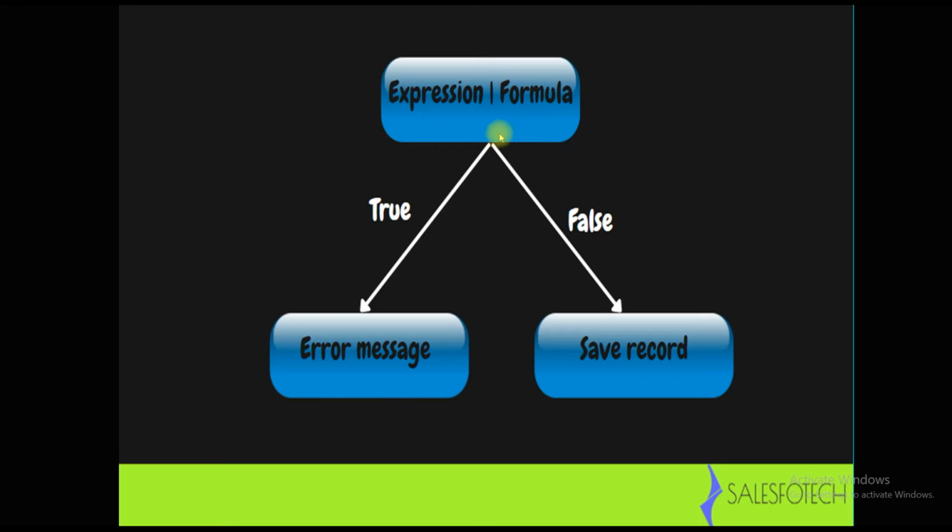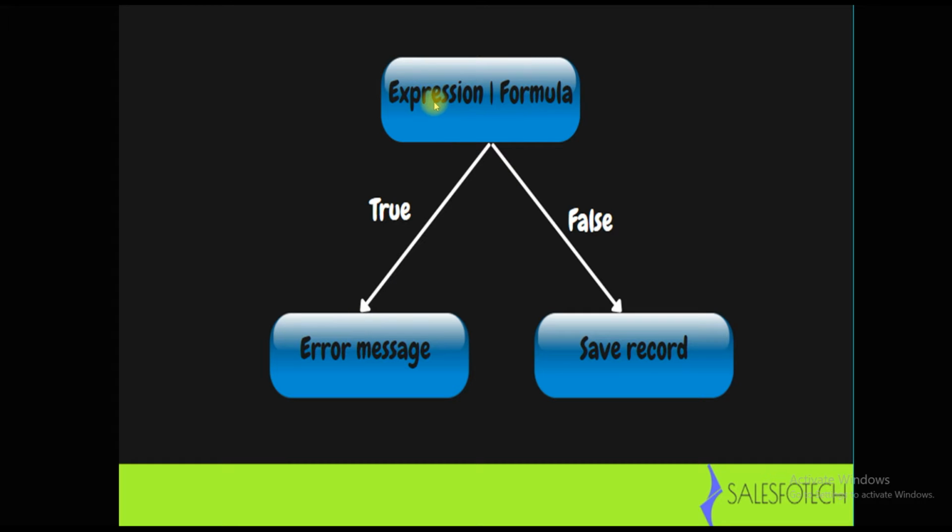The result will be a Boolean result. It might be true or it might be false. If the expression or formula's result is true, it means the data trying to be inserted or updated is not correct as per the requirement. So as a result, the true will trigger an error message.